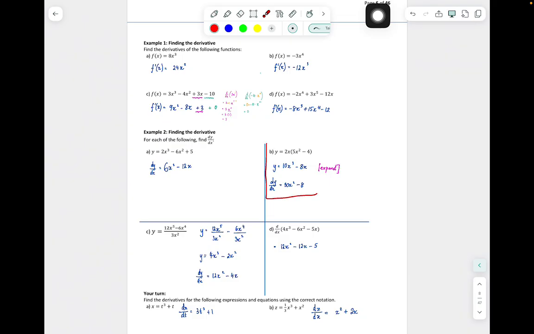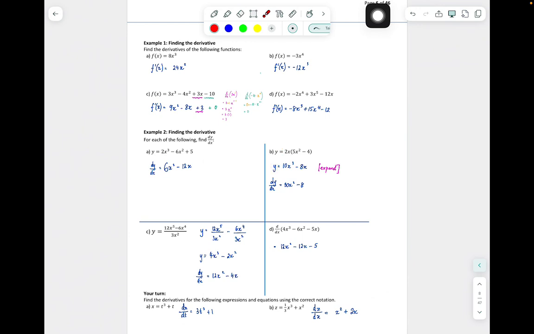In part B, notice here how we do have 2 brackets. What we can do is expand the brackets in this particular case. But notice when we expand the bracket, we have not started our process of differentiation yet.